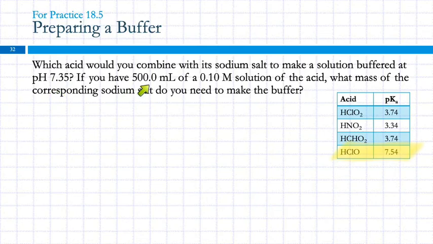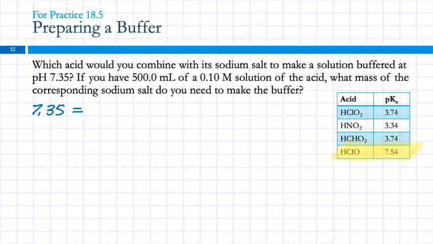If I have 500 milliliters of 0.1 molar solution of the acid, what mass of the corresponding salt do I need to make the buffer? This got exponentially more complicated. Well, let's start with the Henderson-Hasselbalch equation, right? We want the pH to be 7.35.